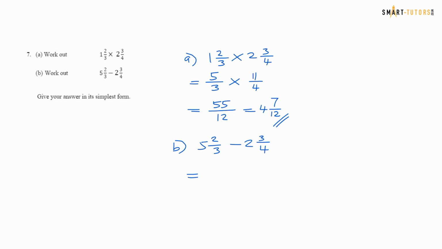Like you can take 5 take away 2 and do the rest, but I will make it as an improper fraction. 3 times 5 is 15 plus 2 is 17 over 3, minus 4 times 2 is 8, 8 plus 3 is 11 upon 4. 3 and 4, the LCM is 12. 12 divided by 3 is 4, 4 times 17 is 68, minus 33. 68 take away 33 is 35, so 35 over 12.